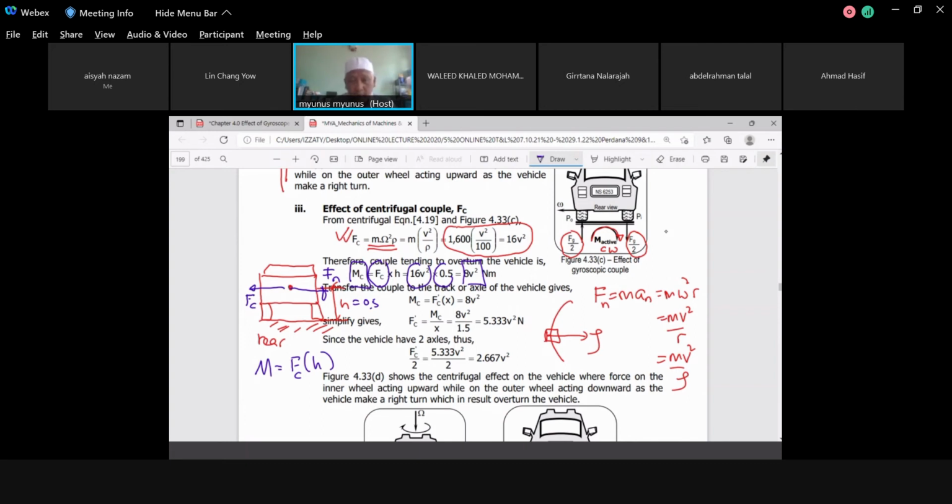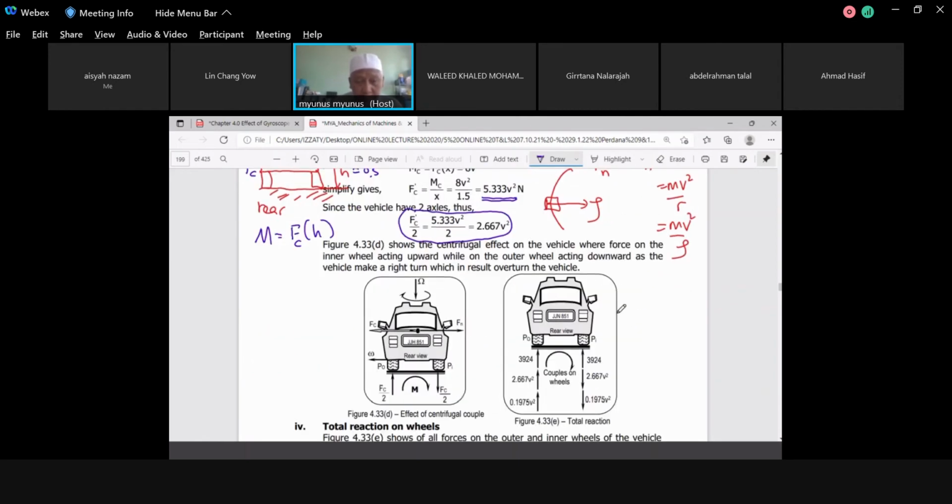It's basically for one axle. You have another axle, so that's why you have to divide it by 2. Then you simplify this one, it becomes 5.33V, isn't it? But remember, you have 2 axles, front axle and rear axle. So this one, another one for the second axle. So you calculate the actual thing, then you understand that it's not only F but basically FC. Okay, so if you can construct the reaction, this one is the action, isn't it? This one is the reaction.